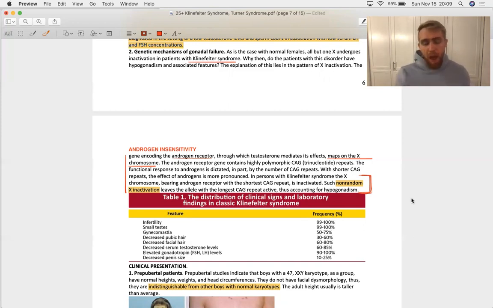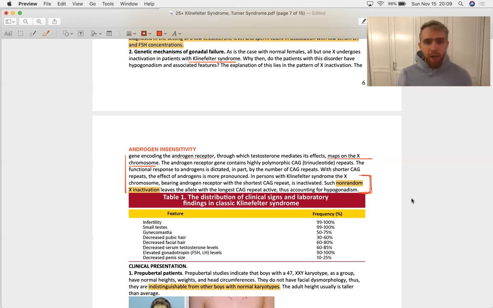And then that would mean that the inverse is true. If you've got more CAG repeats in the polymorphic section of this androgen receptor gene, then androgens will mediate less of an effect when they bind. And so you would have, quote unquote, an androgen insensitivity if you were to have a lot of CAG repeats in the transcript of your androgen receptor.